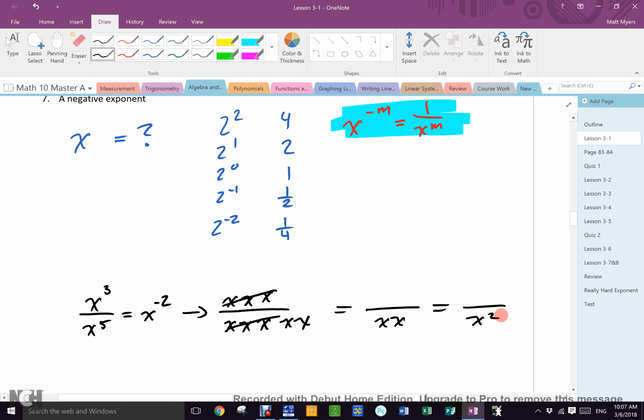Can I put 0 there? No, because if I put 0 there, I have 0, don't I? And I don't have 0 things. I have this thing cubed divided by this thing to the 5th. That's not 0. So what is the number that we don't write in multiplying and dividing? 1.